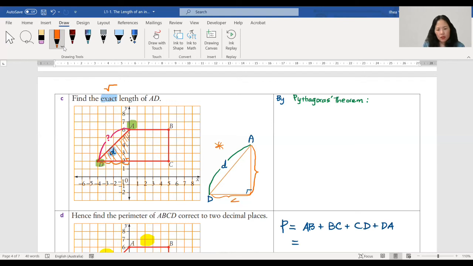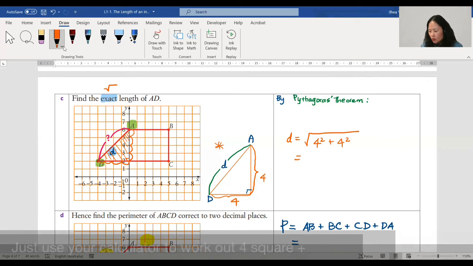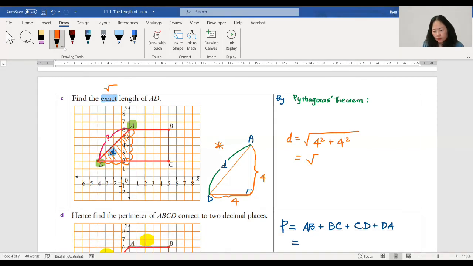So that's 4 here. And the side one, 1, 2, 3, 4. So 4 and 4. Therefore my AD is the square root of 4 squared plus 4 squared. You will get, ooh, I can see it. It's 32 because 16 plus 16. Okay, so 32. Now, I'm going to leave it as it is because it says exact length, meaning leave your answer in square root form.